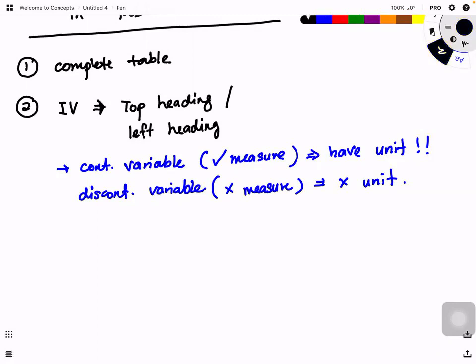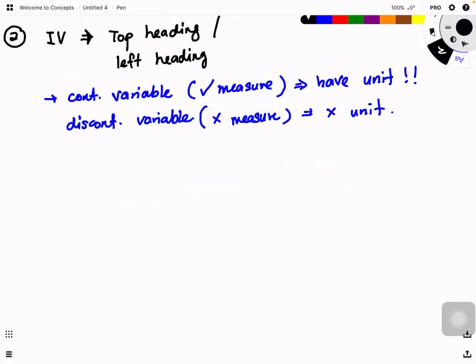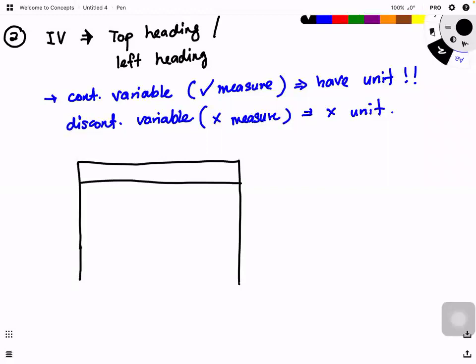So if you design the table now, let's say we look at the effect of temperature on, for example, the rate of reaction, how fast bubbles can be formed, or what the volume is.